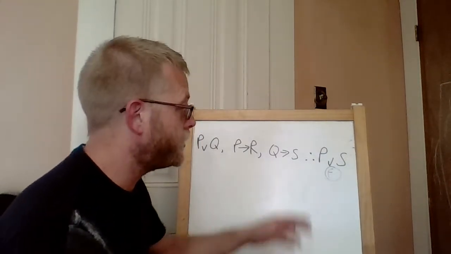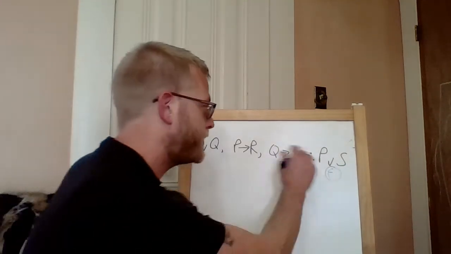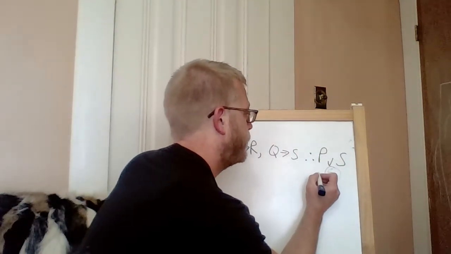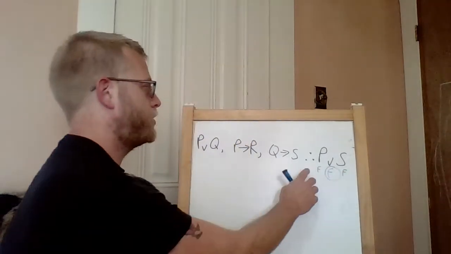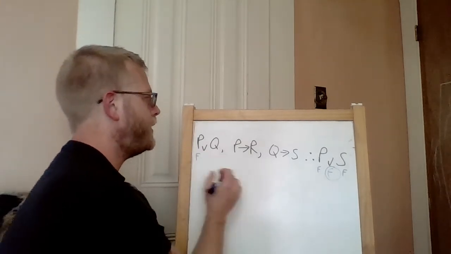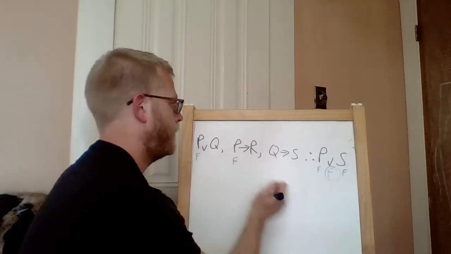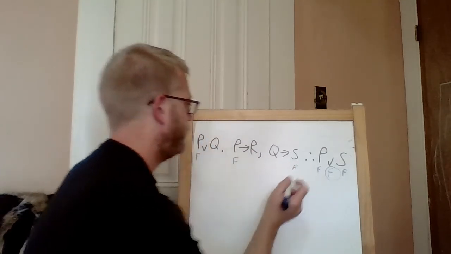Well, it's true as long as at least one side is true. So if the whole thing is false, both sides have to be false. So we're going to put an F for P and an F for S. And then transfer those values over. Put the F under the P and put the F under the S, wherever it appears.